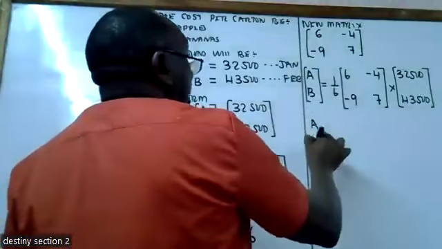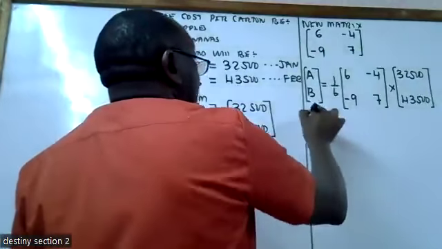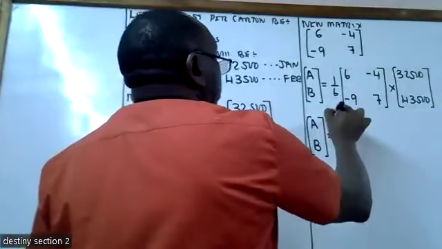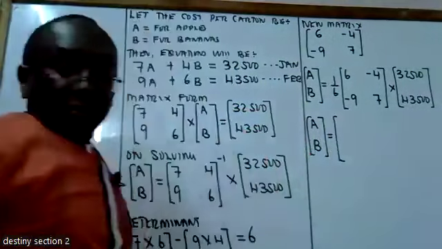So this is AB equals. Let's start to multiply.